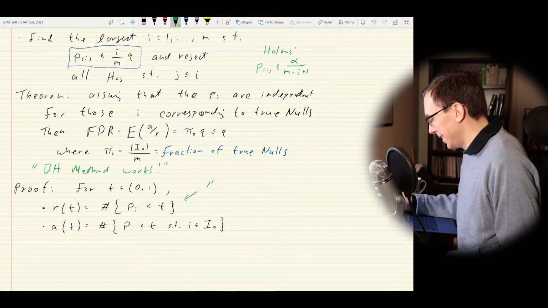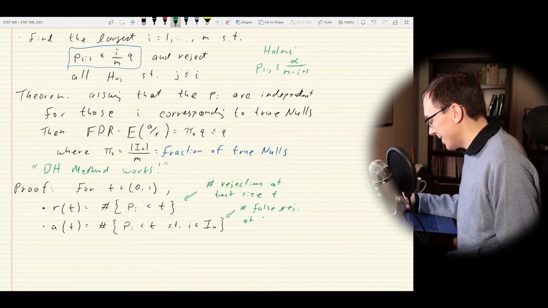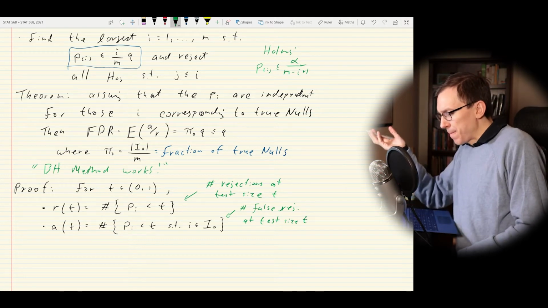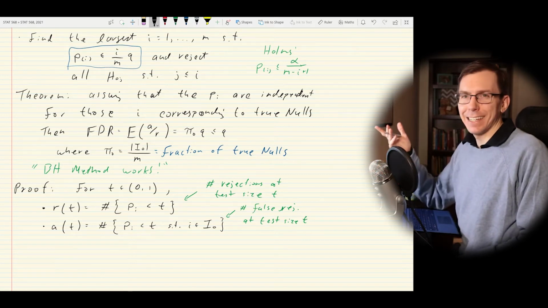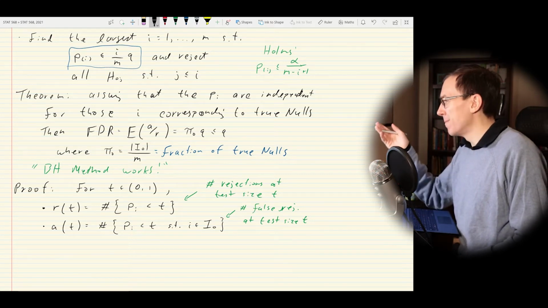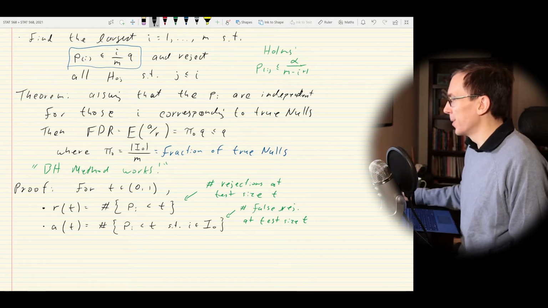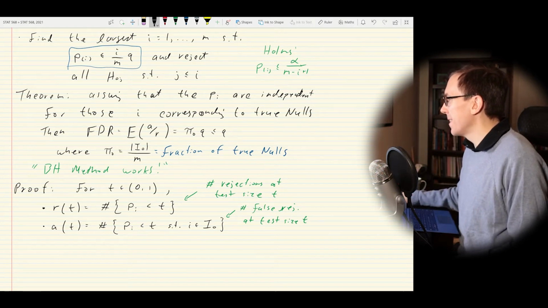This would be the number of false rejections at test size t. So that's basically taking the A and the R above and now giving them some argument t that we can work with.